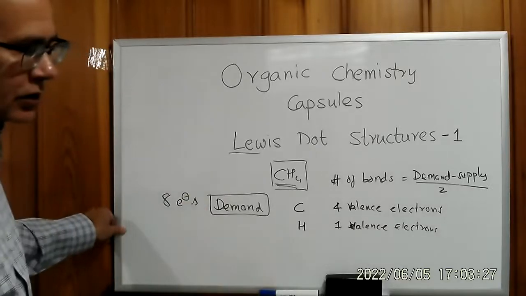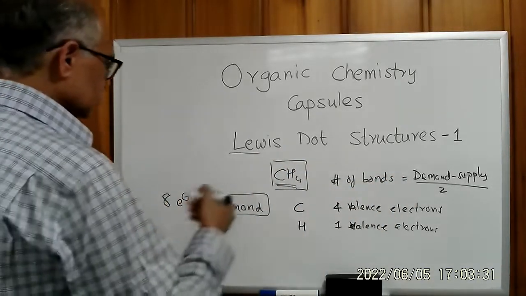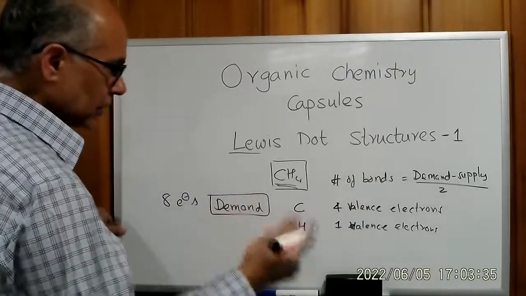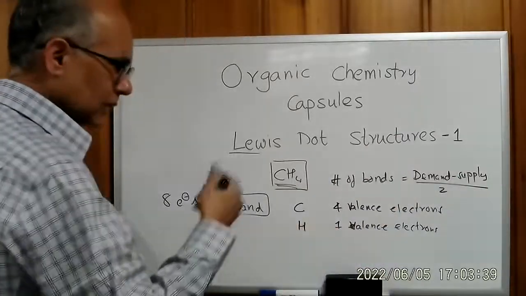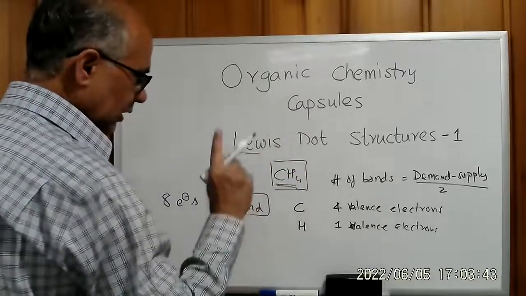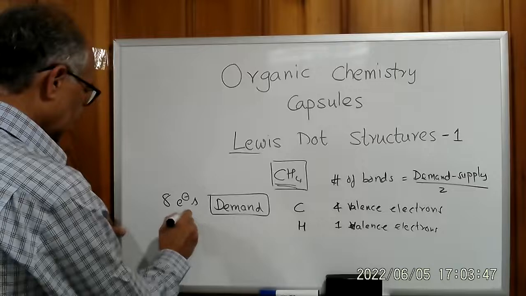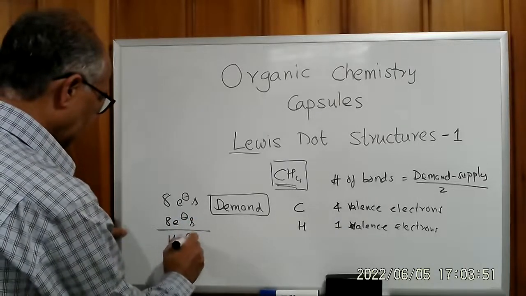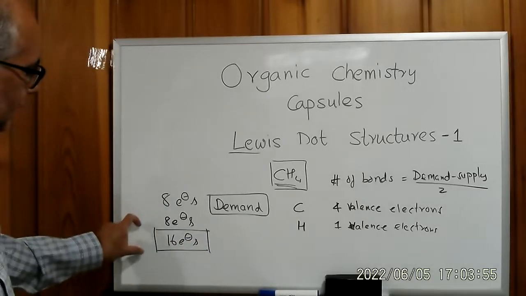If it has 8 electrons, it feels like neon, a noble gas. Each hydrogen needs 2 electrons, because if it gets 2 electrons, it feels like helium, so it's happy. There are 4 hydrogens, each requiring 2 electrons, so 4 hydrogens require 8 electrons. So the total demand is 16 electrons.